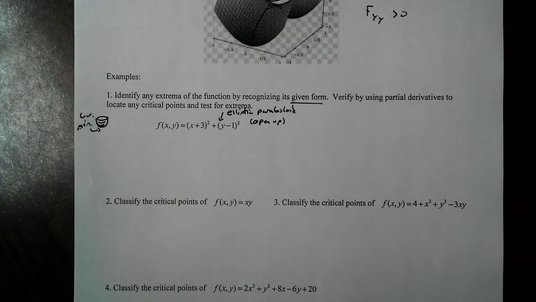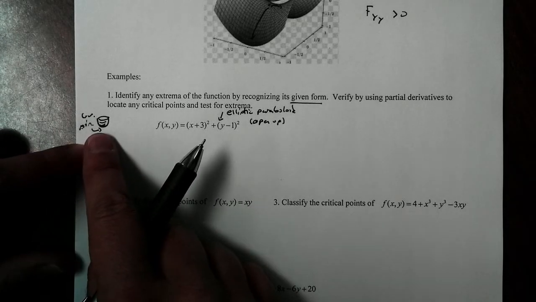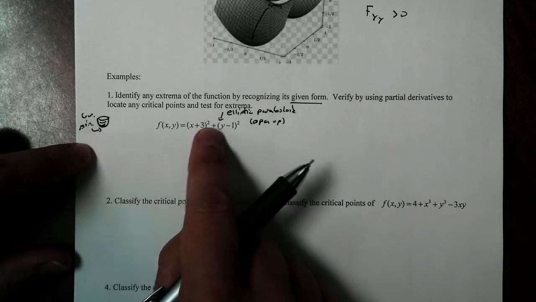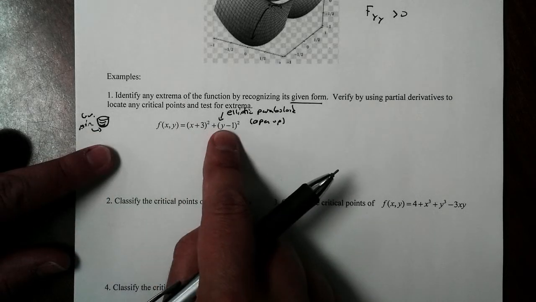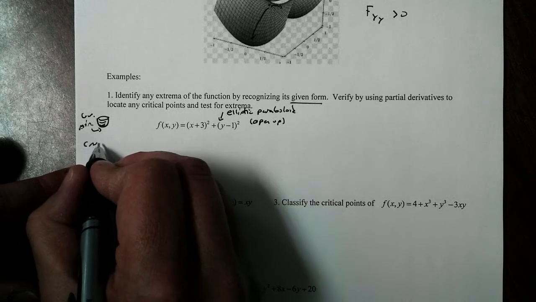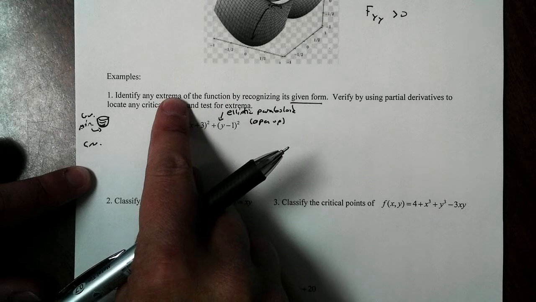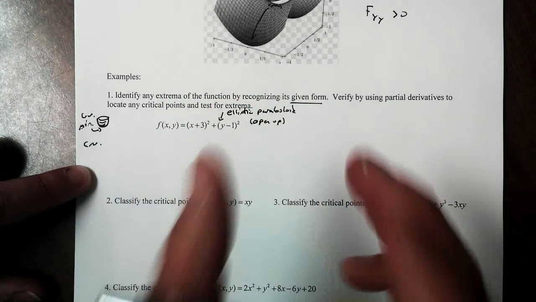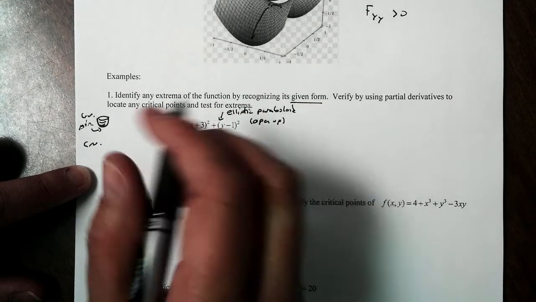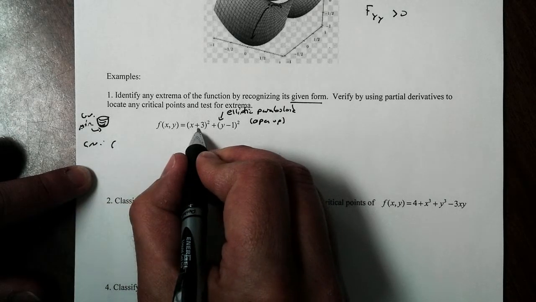I can find the location of that point because it just comes from my shifts. This is an easy way to do relative extrema because I know exactly what this shape looks like. My critical number is going to be at the point negative 3, 1.